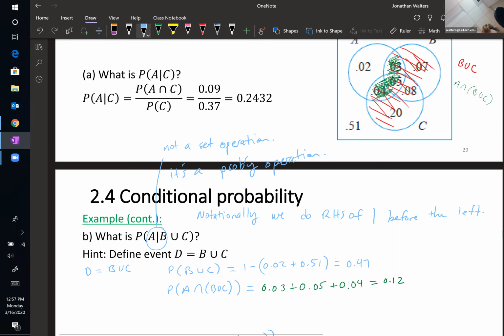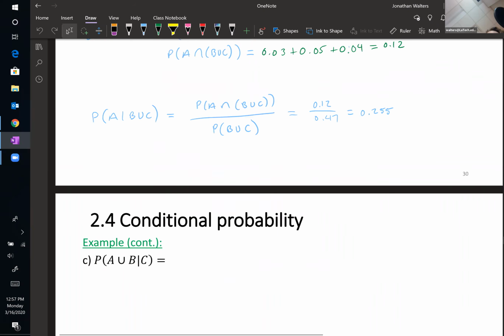There's no way for me to combine A and B using the vertical bar and then union that with C. That's not a set thing. That's something we use with probability. Does that make sense, Branson? Okay, sweet. Good question. All right, cool. Good example.